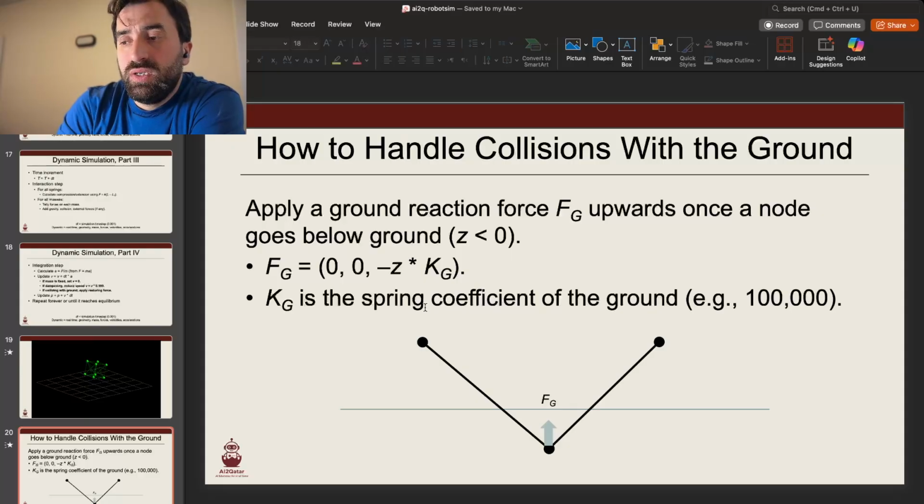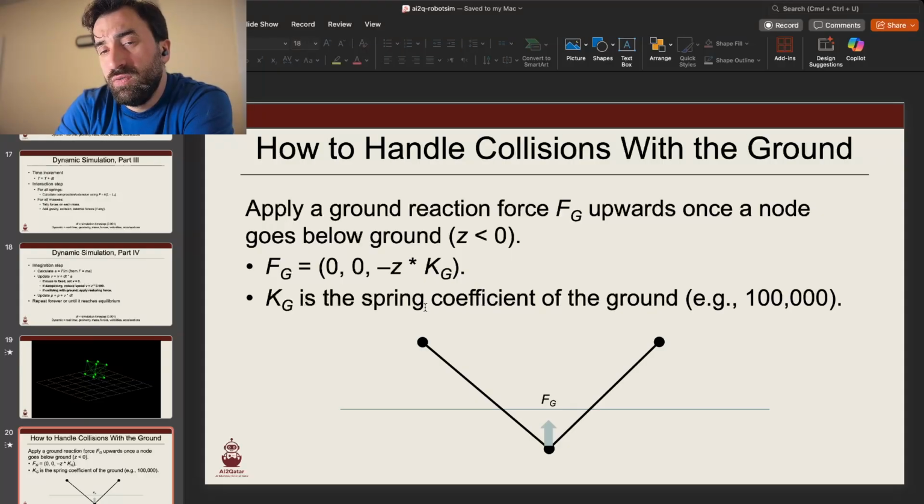Now, how to handle collision with the ground? You apply a ground reaction force, which is upward, once a node goes below ground, meaning its z coordinate has to be less than 0. This upward force F sub g equals 0 in the x direction and 0 in the y direction. In the z direction, it is minus z times k sub g.